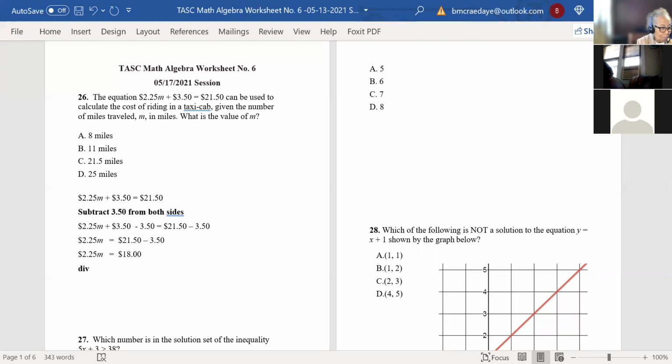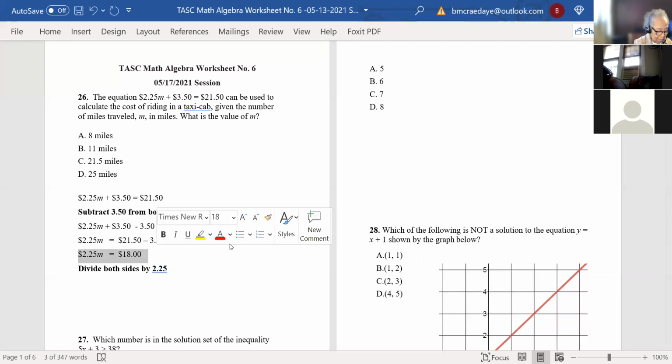Divide both sides by 2.25. Okay, because that's a multiplication. 2.25 times M is a multiplication. And like you say, division, which is the opposite of multiplication. So let's just take that and do our division.